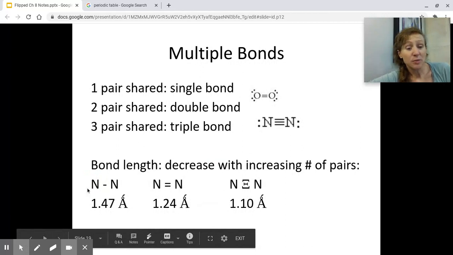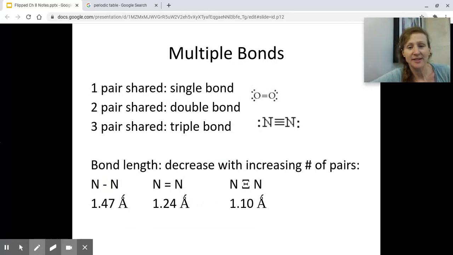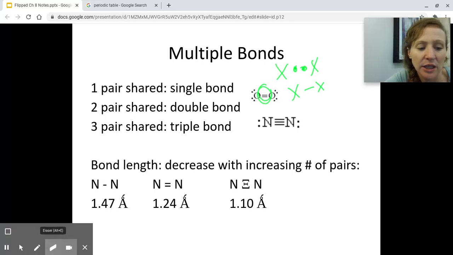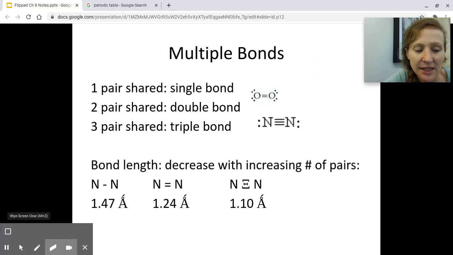Okay, multiple bonds are possible. Multiple bonds can be found all over the place, especially in organic compounds. We see multiple bonds a lot. If you have 1 pair of electrons in between 2 atoms, it will be a single bond. If you see a double bond like this that we see in between these oxygen atoms, that's actually a double bond.